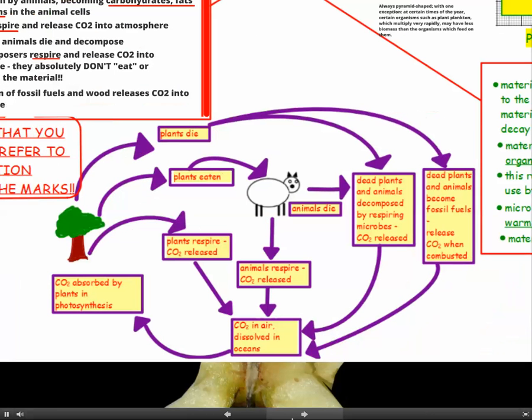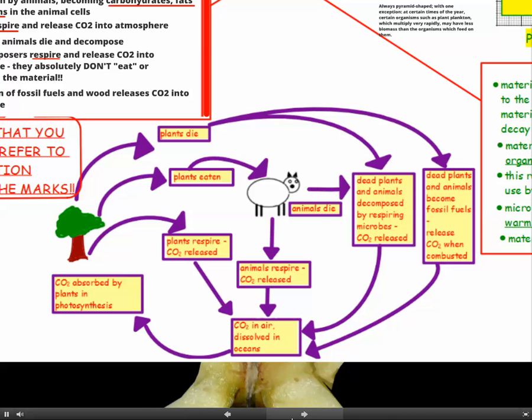So here's the summary of the carbon cycle. If you start on the left, CO2 is absorbed by the plants in photosynthesis. Then three things can happen to it. The plants can die, they can get eaten, or the plants will respire. If they respire, CO2 is released. If they're eaten, it goes into the animals and the animals respire and CO2 is released.